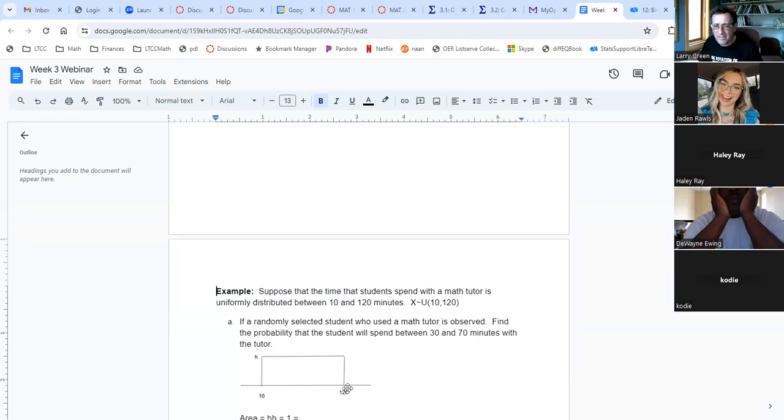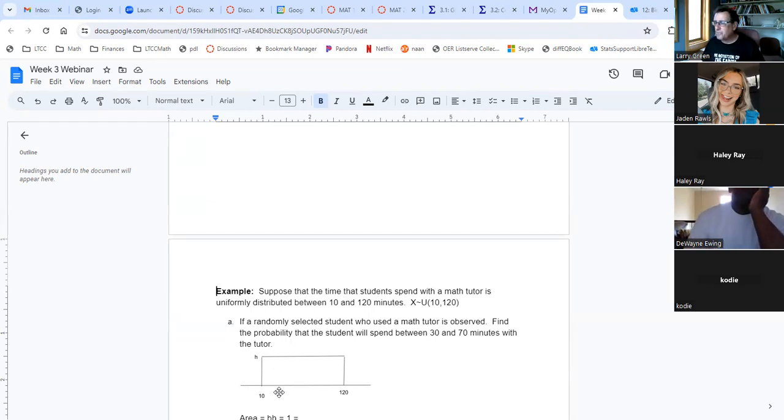How do you find the area of a rectangle? What's the formula? Something you learned in probably elementary school. Yeah, so length times width.